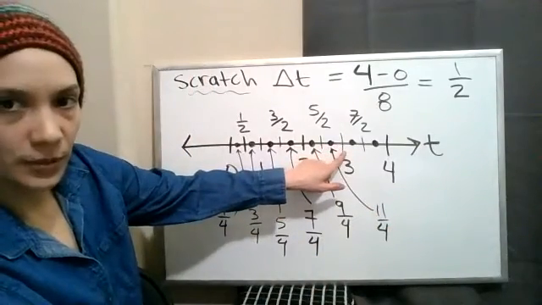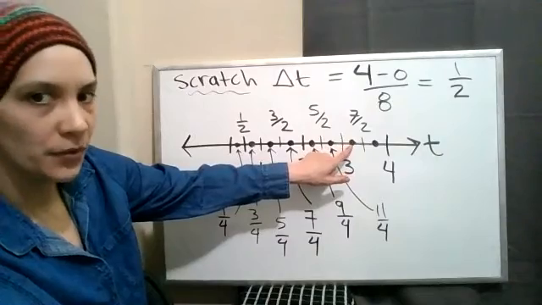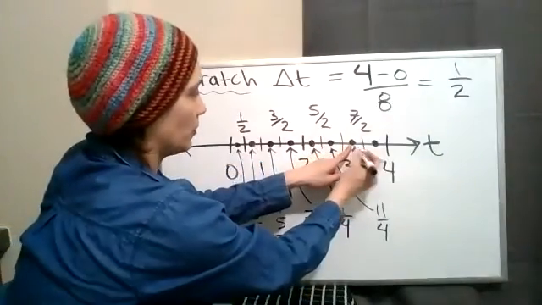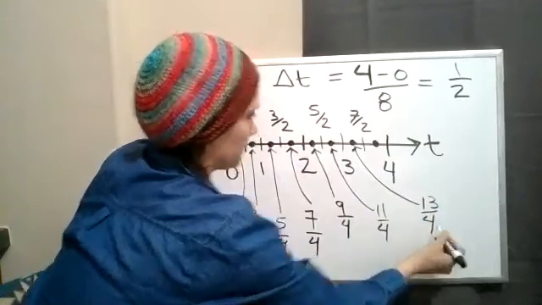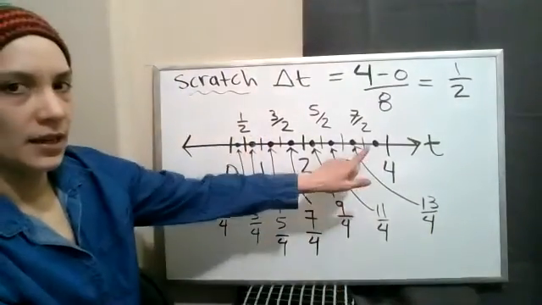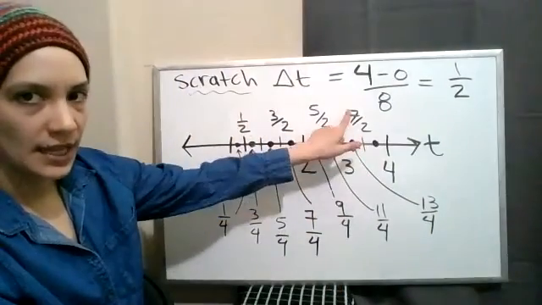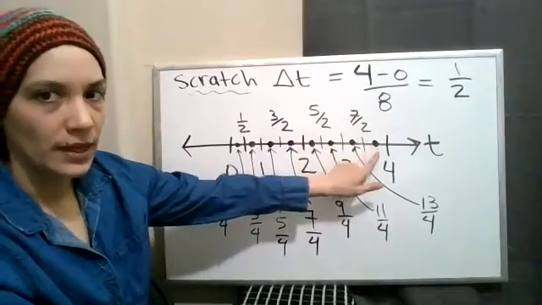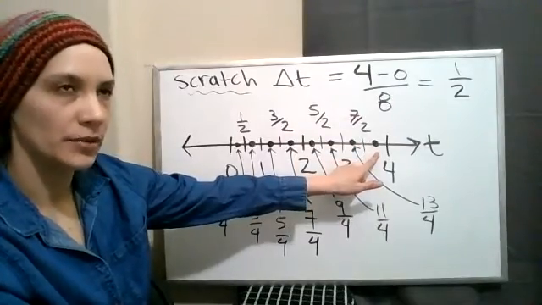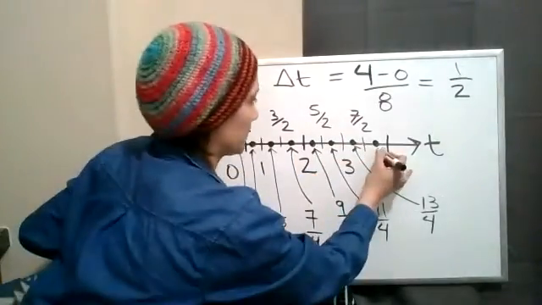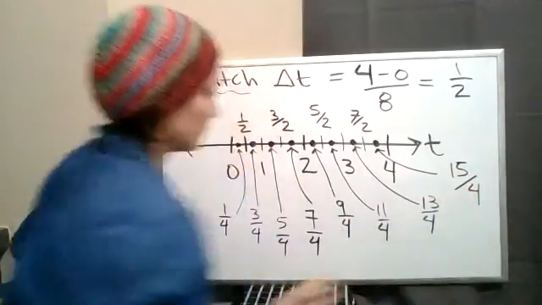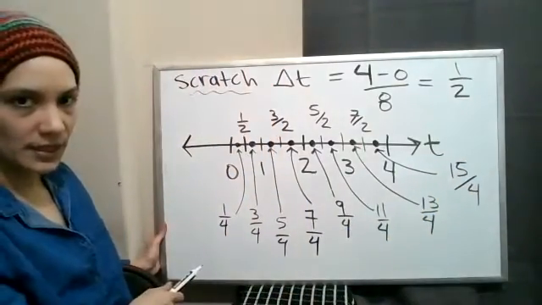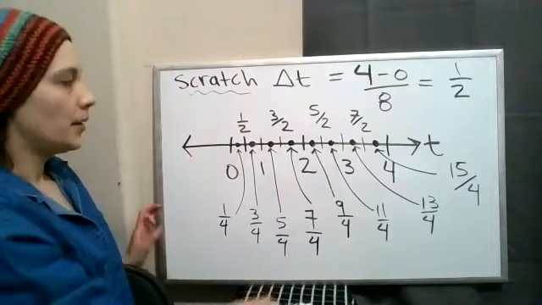That's 12/4 equal to 3, and 13/4 is that point. Almost done. 14/4 is 7/2, but we want the next number, 15/4. So those are all of my midpoints, all 8 of them.